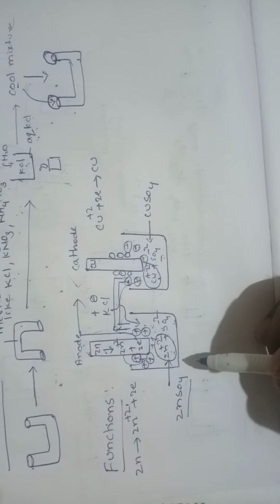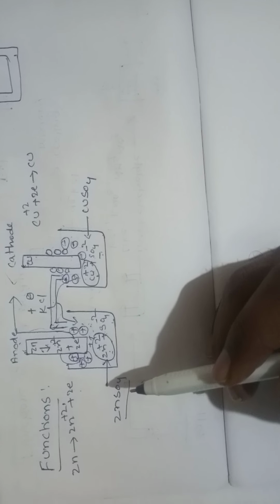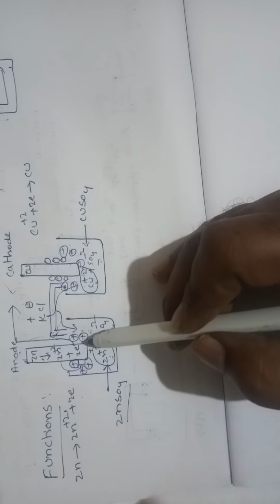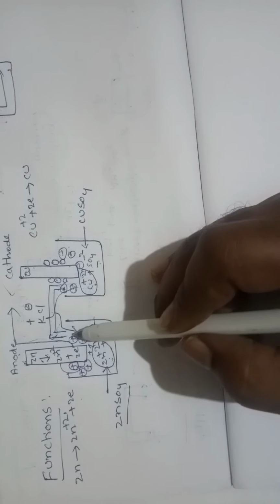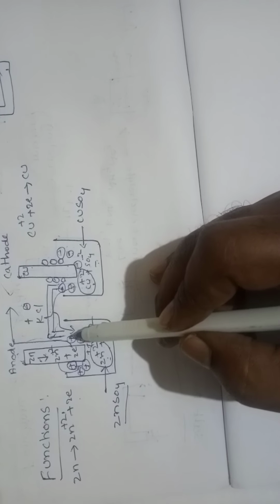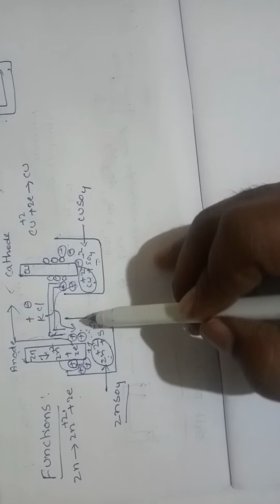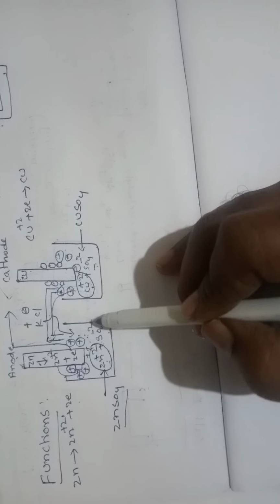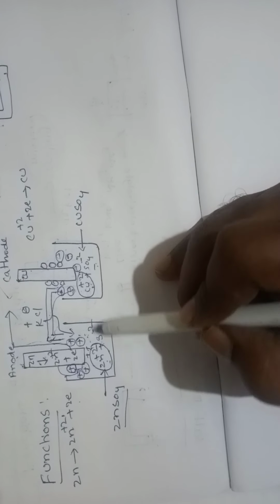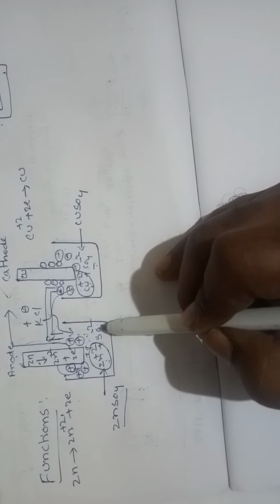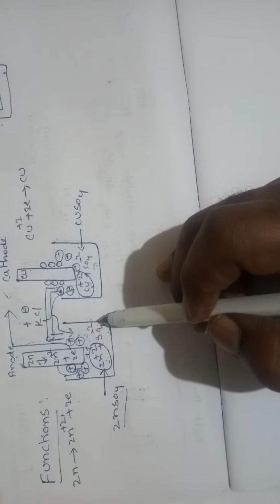Next point. The second major function of the salt bridge is that it completes the circuit. Another point: the salt bridge prevents the intermixing or diffusion of the two electrolytic solutions. Next, it prevents liquid-liquid junction potential.